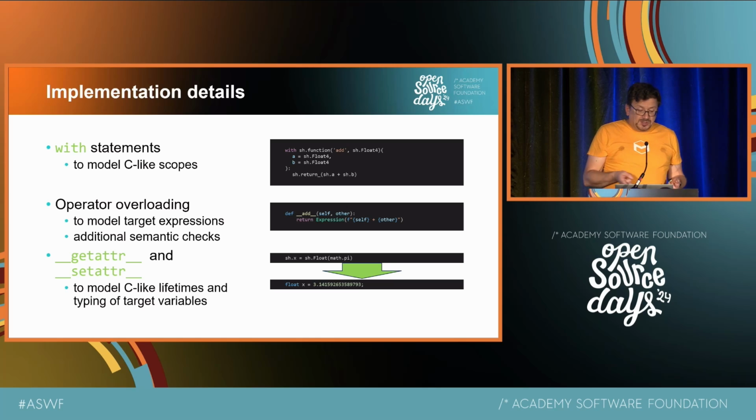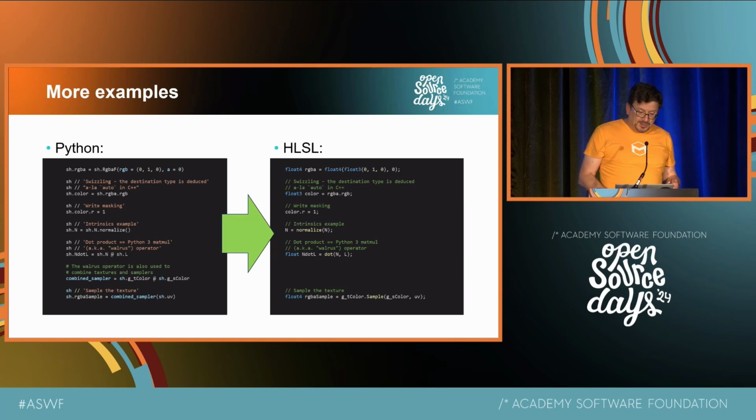So, with statements model C-like scopes, operator overloading models target expressions, getAttr and setAttr, which overload member access in Python. They're used to expose the target variables as members of the generator object, the sh dot pattern. And with this, we get complete control over all of the accesses to those variables, and we can enforce the C-like semantics on them.